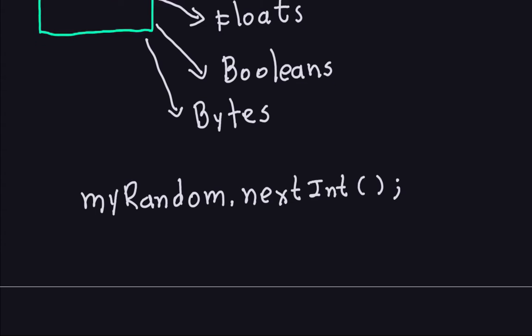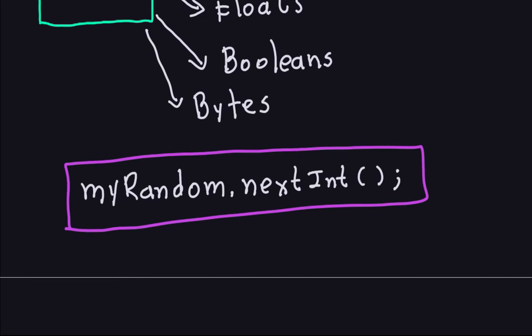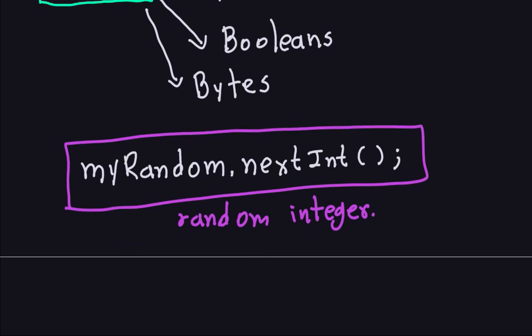This whole thing here will produce in Java a pseudorandom. Whenever I say random from now on, it will mean pseudorandom. So this is a random integer. Now, this is in the range of what integers are. So you could produce any integer from the range of integers in the Java language if you just leave it like that.